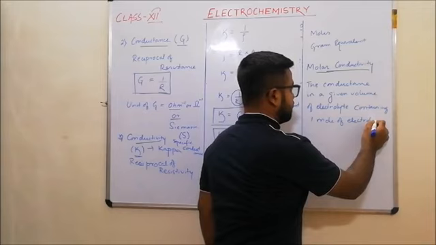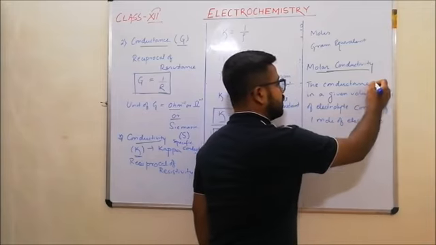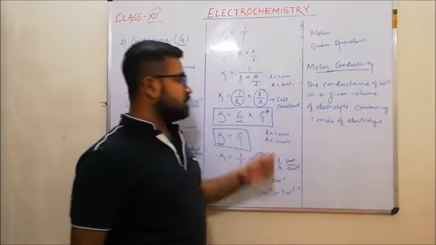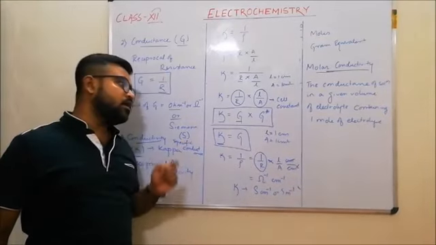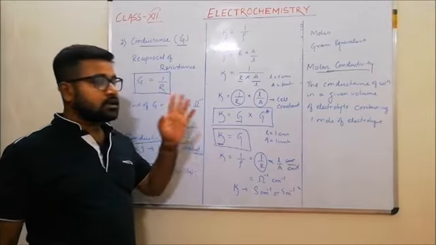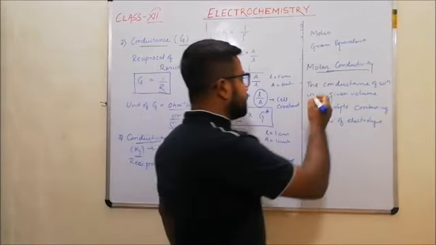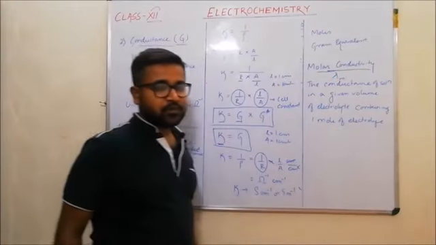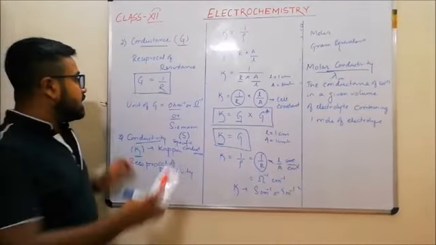Clear? The conductance of an electrolytic solution in a given volume of electrolyte containing 1 mole of electrolyte, that is called the molar conductivity, which is generally denoted by lambda m. Okay, that is called lambda m.